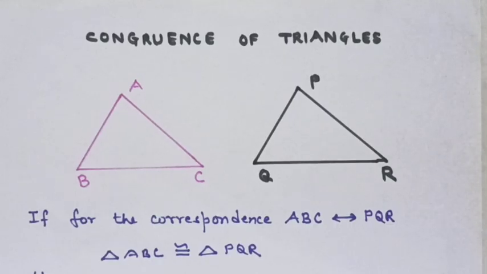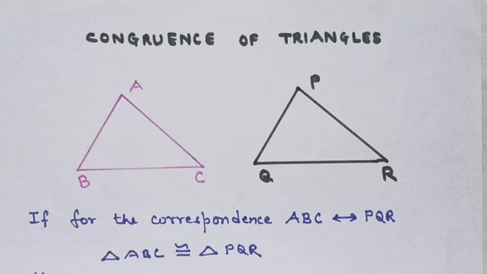Look at this figure. You are having two triangles, triangle ABC and triangle PQR. If for the correspondence ABC is to PQR, triangle ABC is congruent to triangle PQR.